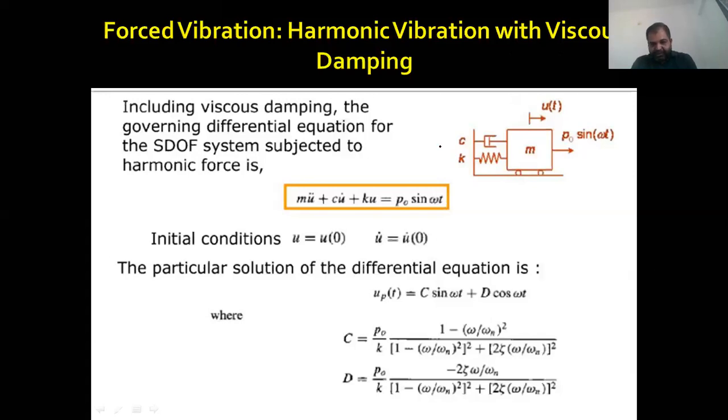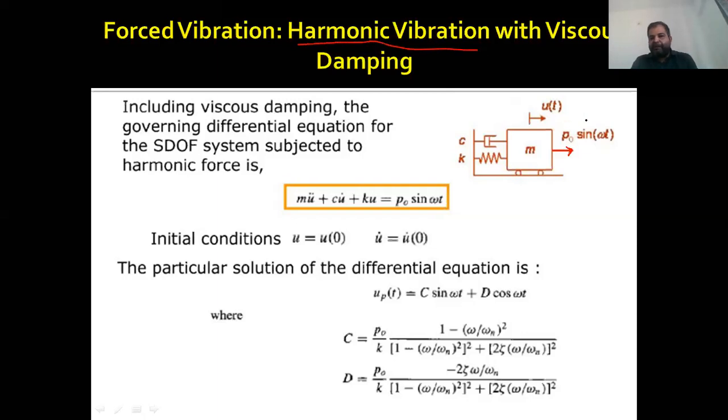Now if you see here, this is my mass. It is connected with a damper of damping coefficient C. It is also connected with a spring of stiffness K. And now you need to give a continuous external force P of T. Here they are saying this exciting force, or external force, is harmonic in nature.